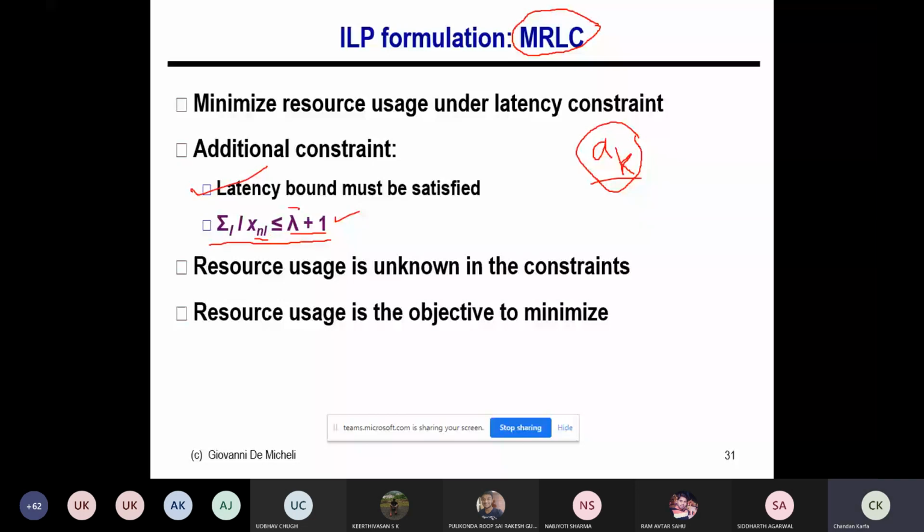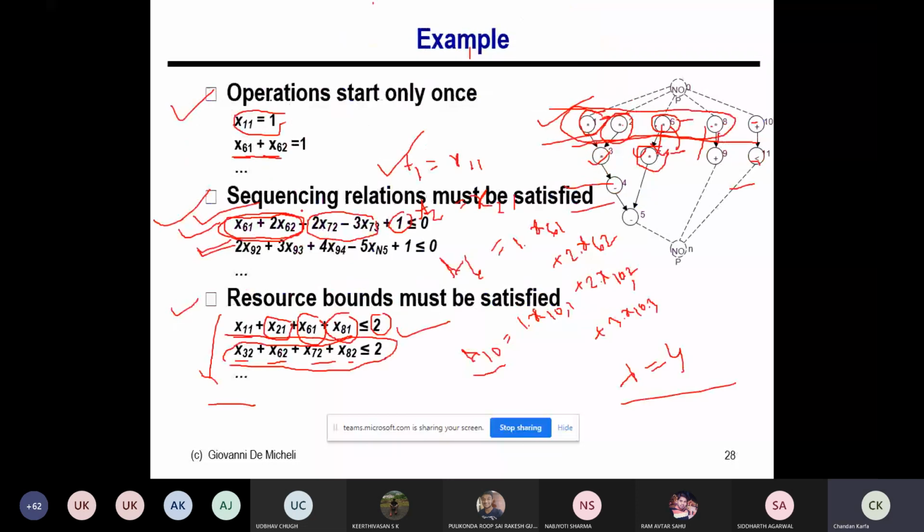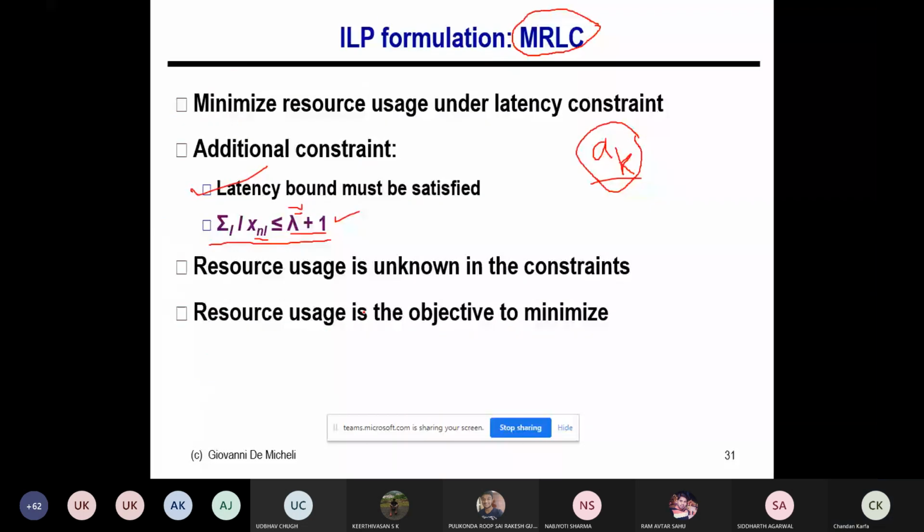So I have the unique start time constraint, I have the data dependency constraint, and I am going to use the same resource bound. The only thing is that here, instead of 2, I am going to write A1, A2 and A3, because A is not known to me either, right? And in addition to these 3 constraints, I have the fourth constraint, which is the latency bound. Okay, is it clear to everyone?